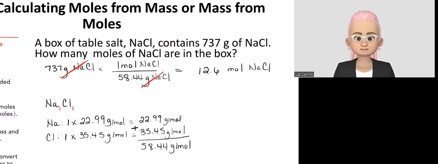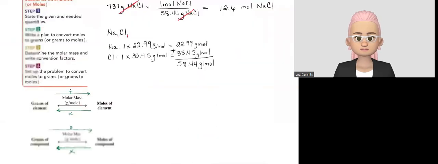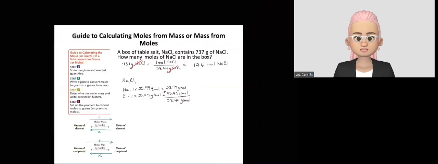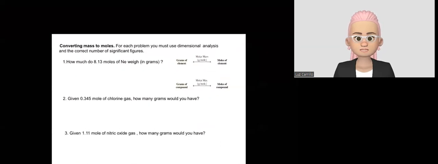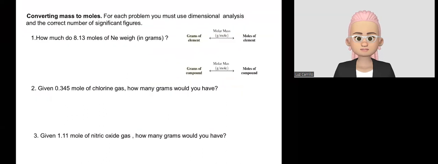Now, in the next slide, we can see that we have a series of practice problems for us to specifically understand how this process goes when we are given grams of an element to moles of an element, or grams of a compound to moles of a compound, and vice versa.